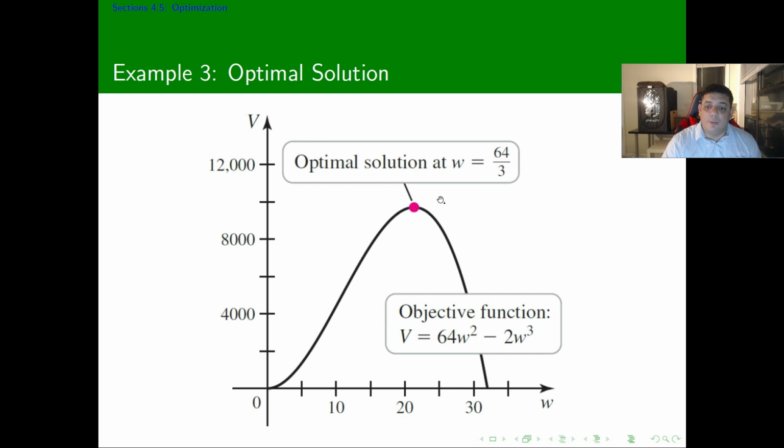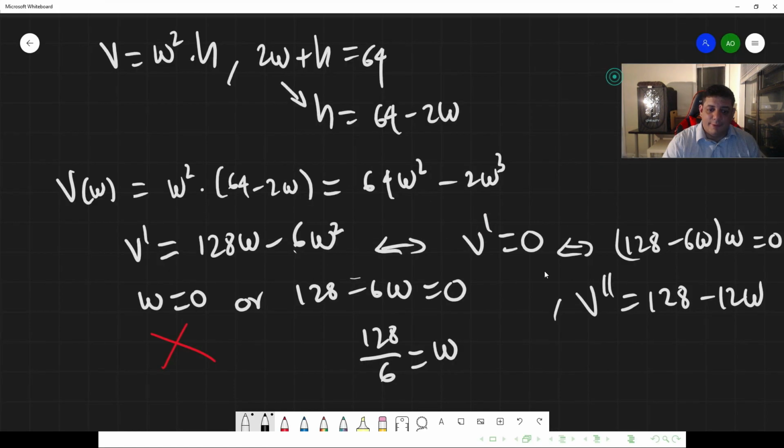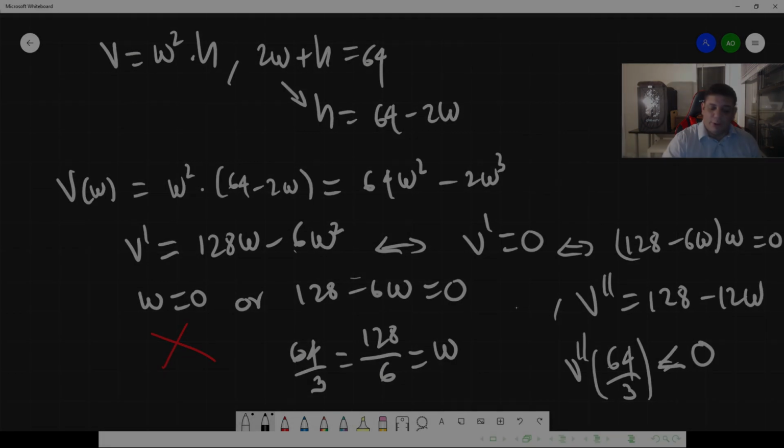Then at that point, we're going to have a maximum. Okay, it's going to be an optimal solution. Our second derivative is going to be negative. You can now plug 64/3 into the second derivative, and you're going to realize that 12 times that is much larger than 128, and so this is going to be negative, and this critical point is going to be a maximum.